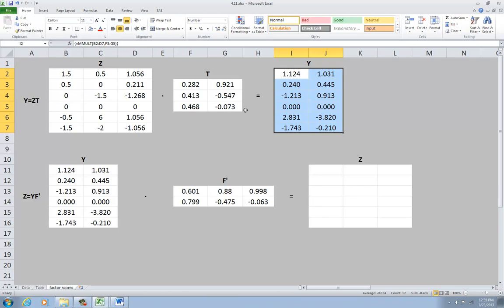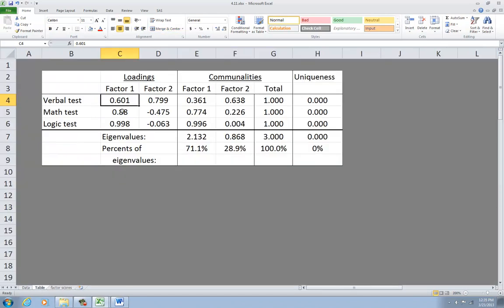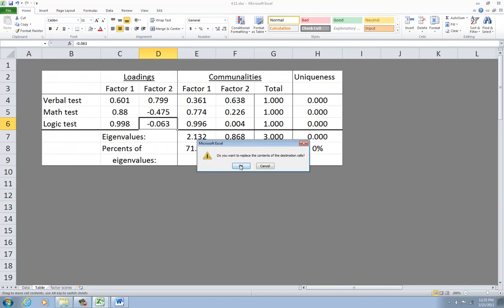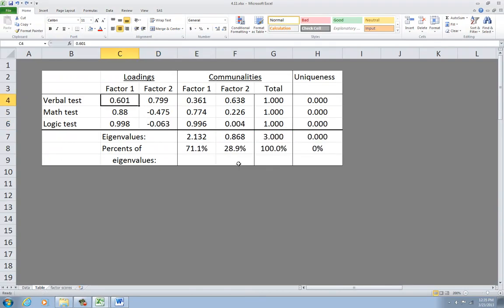Now when we go to this equation, Z equals Y times F transpose, Y being what we just got, and F being the factor loadings that we got from the table here. We just took the transpose of that and put it here.